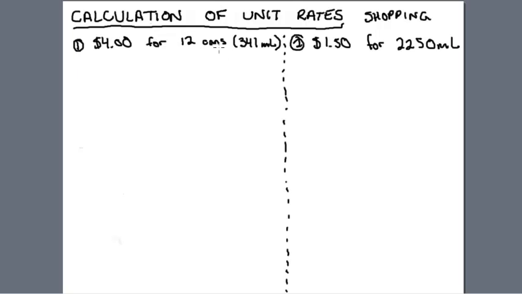So the first step in comparing is being able to figure out how many milliliters in total I'd be getting for my $4 here. And the quickest, easiest way to do that is just with some simple multiplication. Take your 341 milliliters times your 12 cans. 2 times 1 is 2, 2 times 4 is 8, 2 times 3 is 6.